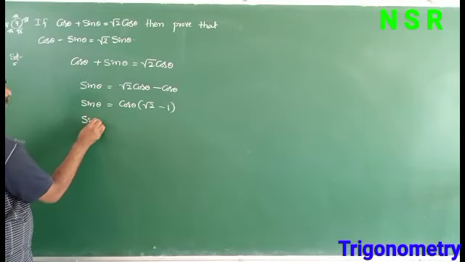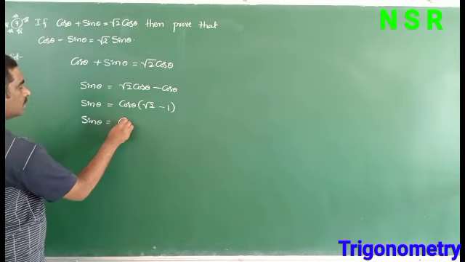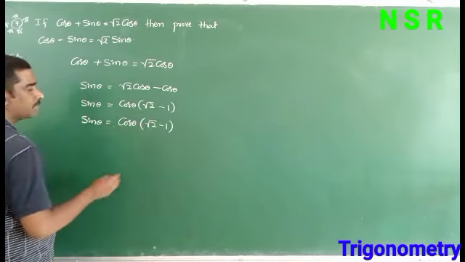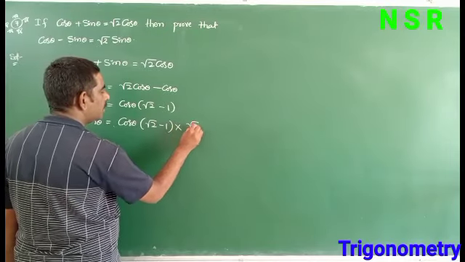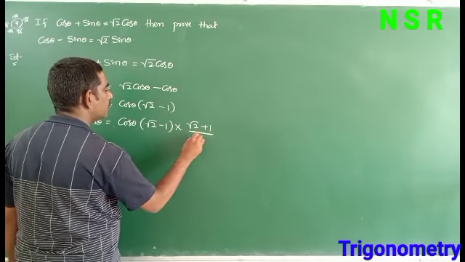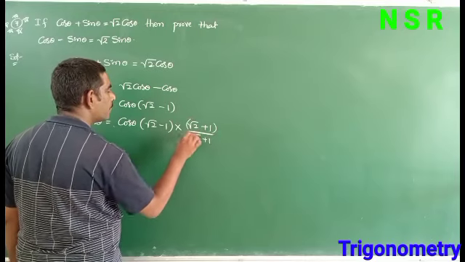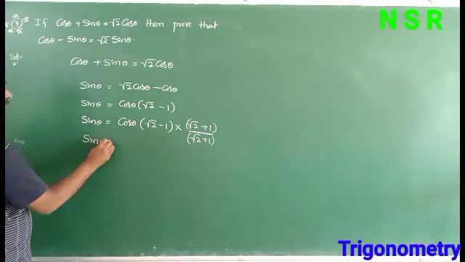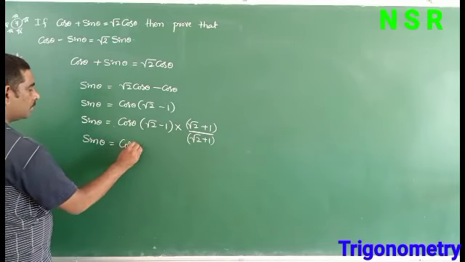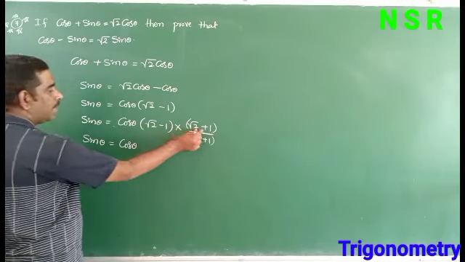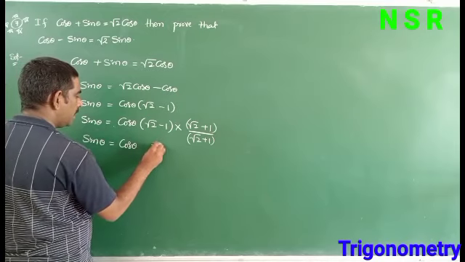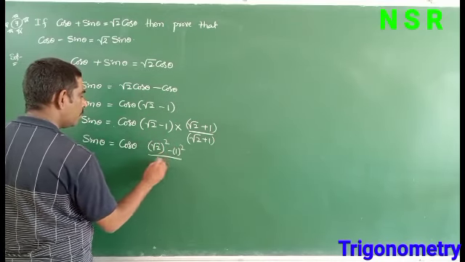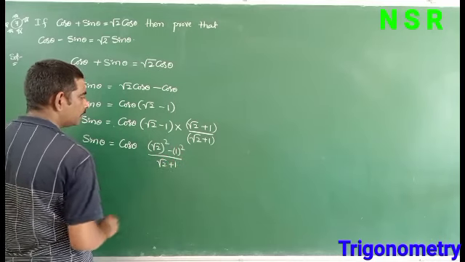Now sin theta is equal to cos theta into root 2 minus 1, rationalize this one. Multiply and divide with root 2 plus 1 here. Now sin theta equal to cos theta into, apply a plus b into a minus b, a square minus b square, by root 2 plus 1.